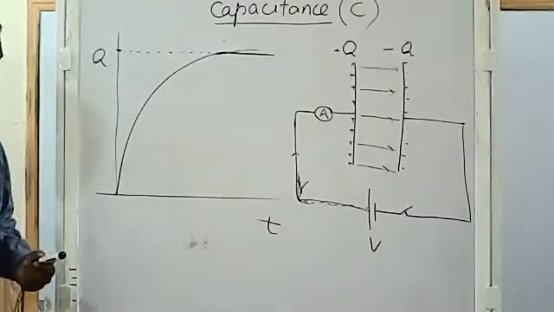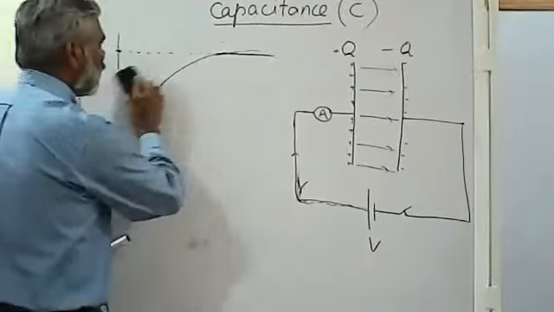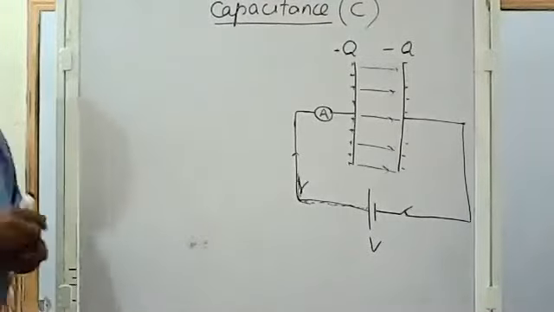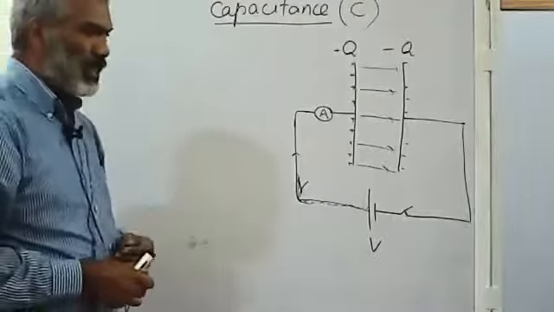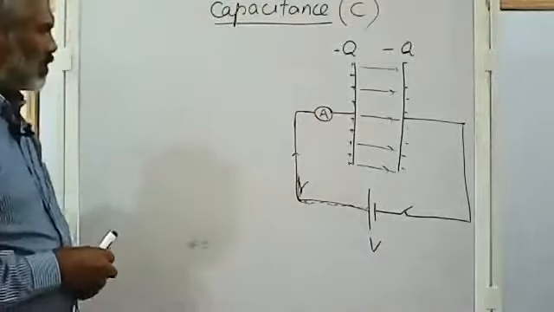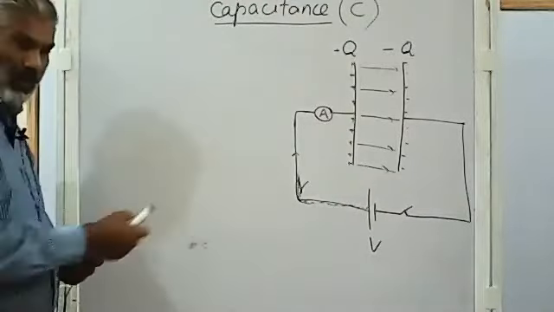Now, the last thing is how do we know that after a certain amount of charge stored on it, or after a certain amount of current flowing in this circuit, we have a certain amount of energy stored on the capacitor?